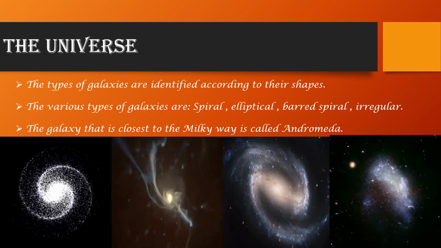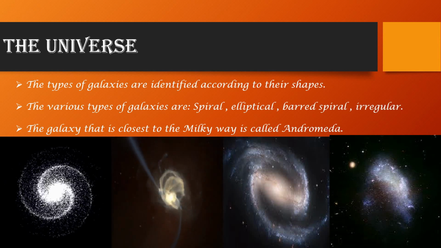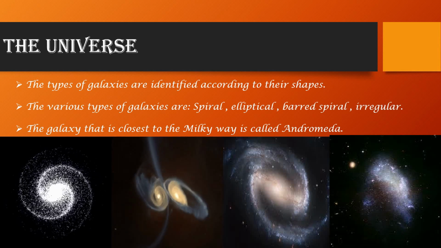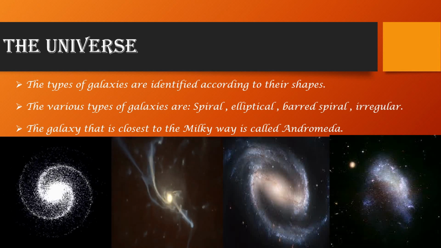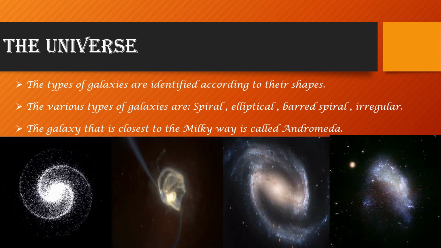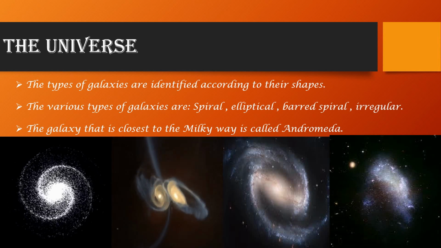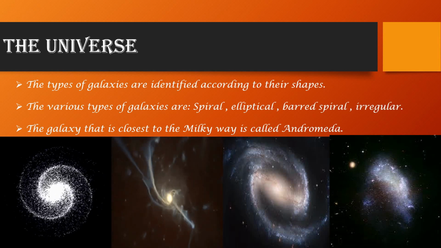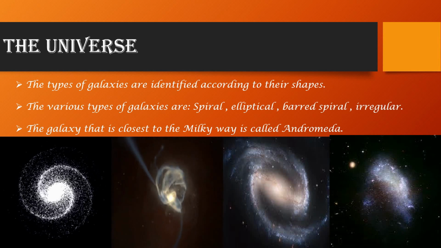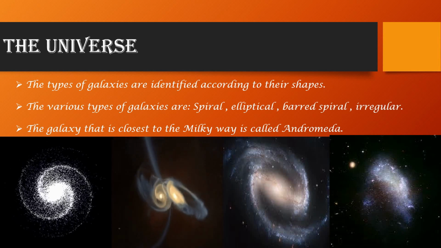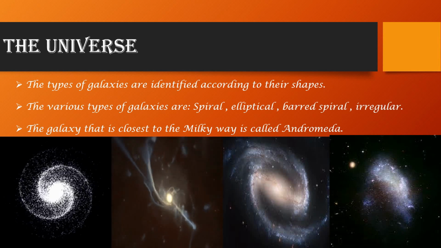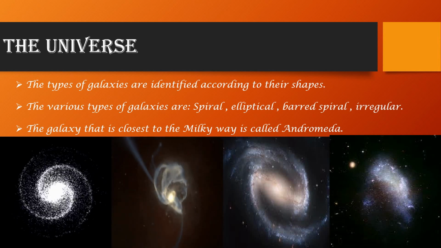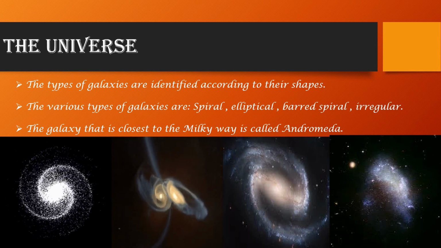Now students, the scientist Edwin Hubble showed that there exist many galaxies beyond our Milky Way. In the year 1990, NASA, that is the National Aeronautics and Space Administration, an American space agency, launched the Hubble telescope in the orbit of the Earth.